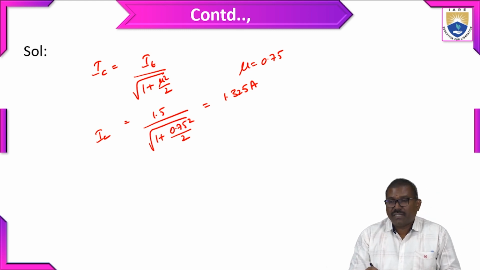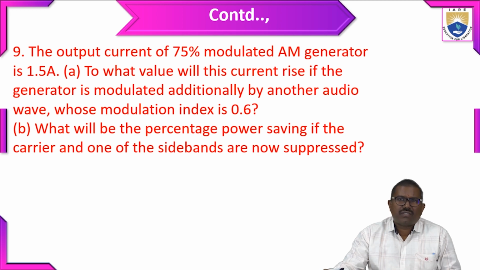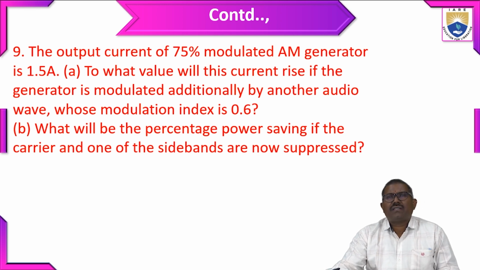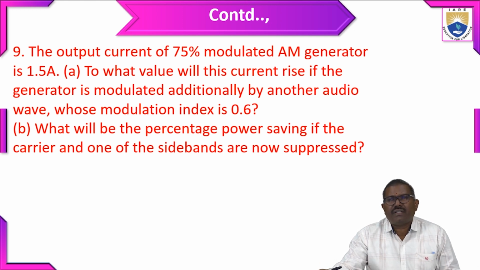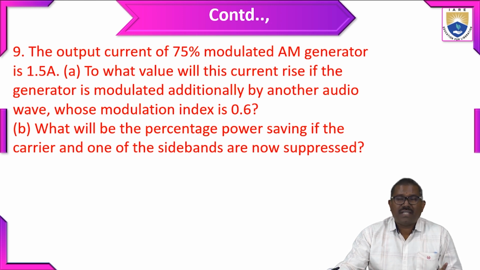But in the first part, you can see, to what value will this current rise if the generator is modulated additionally by another audio wave whose modulation index is 0.6. Initially the given mu value is 0.75 and again it changes to 0.6, and here we are taking another modulation index. So what is the total modulation index? When you have taken two modulation indexes, one is mu1 and another is mu2.